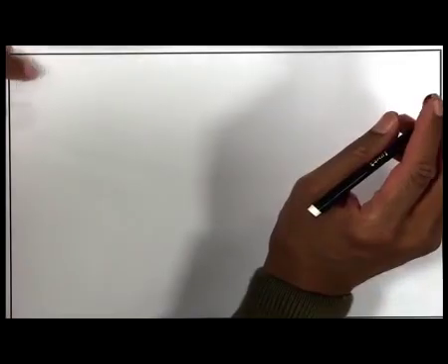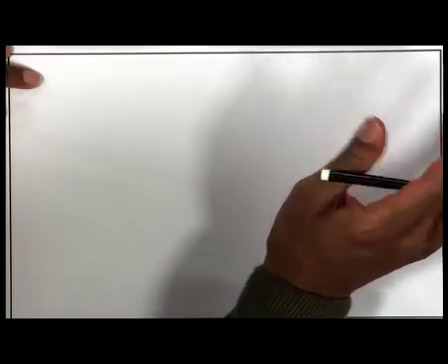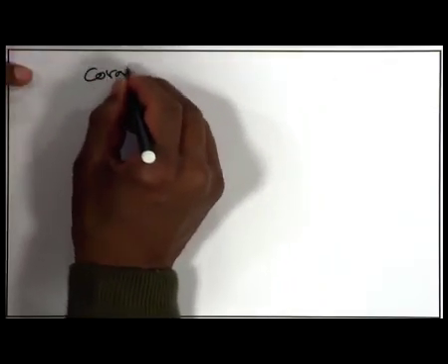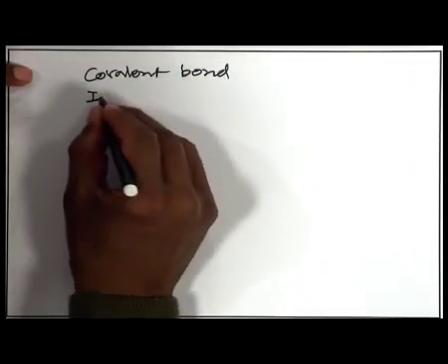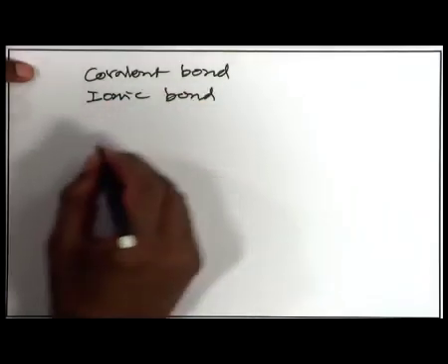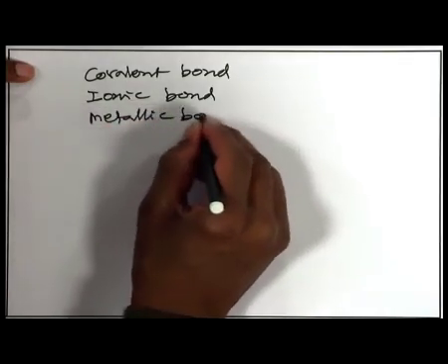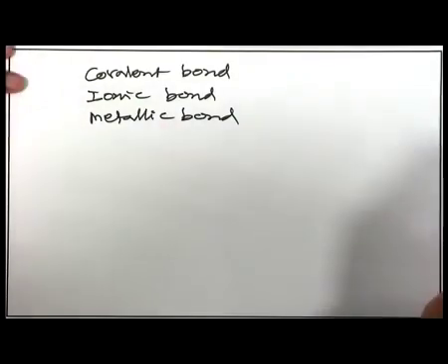That is one type of bond in chemistry. There are several types of bonds. Another one is the ionic bond, and another is the metallic bond. There are other bonds too, hydrogen bonding and weak forces.